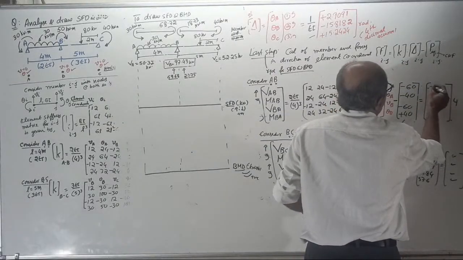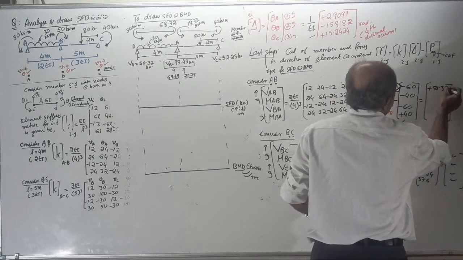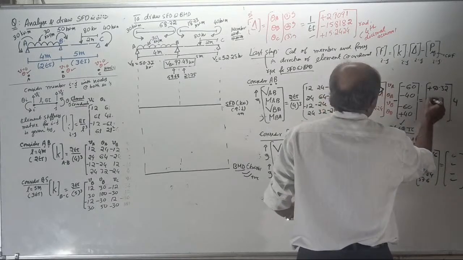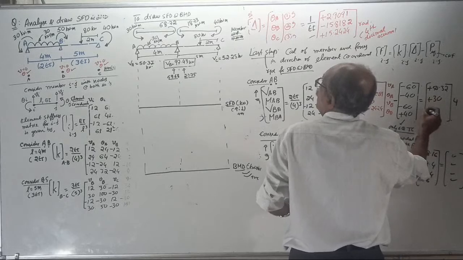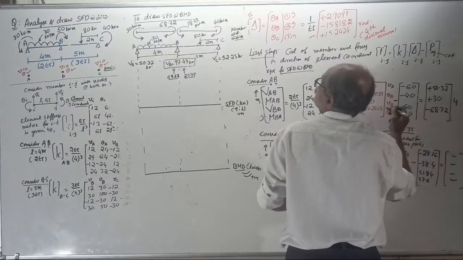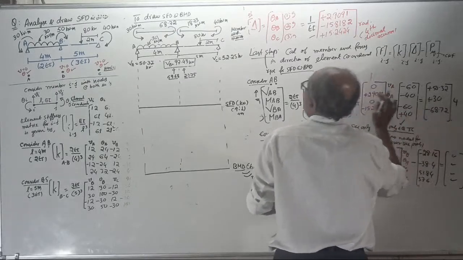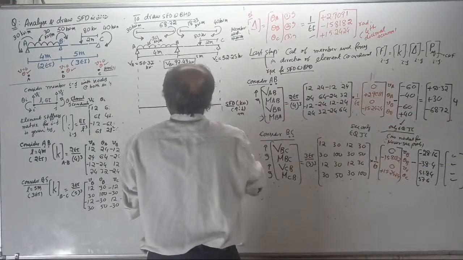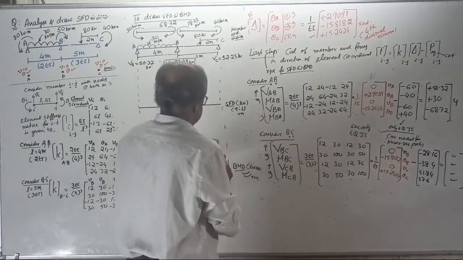Plus 50.32 plus 30 minus 68.73, not 7, 68.73 I think it is. 1 minute.